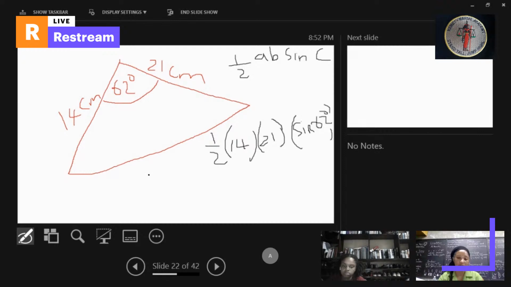All right, so what's half of 14 times 21? Miss, so 14 times 21 is 294. So half of 294 is 147. And what's the sine of 62 degrees? The sine of 62 degrees is 0.8829.